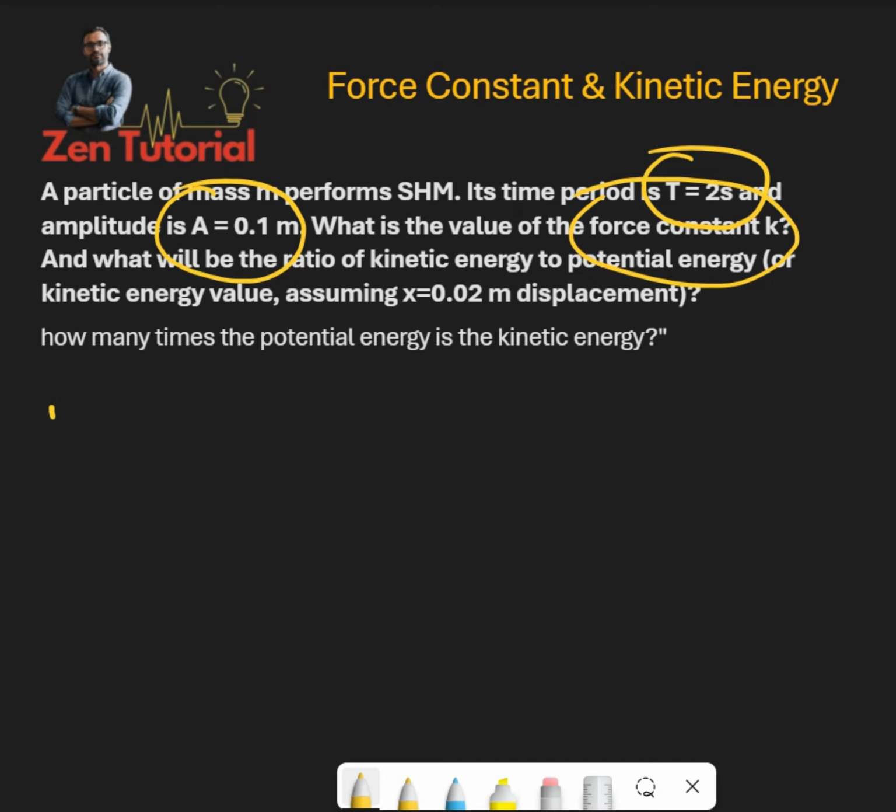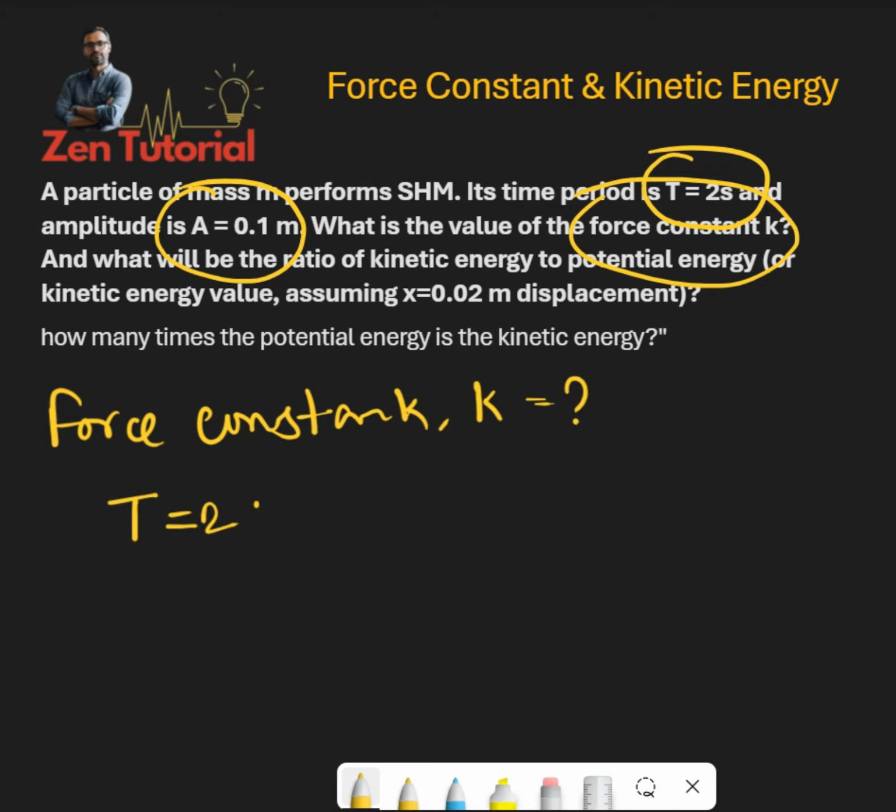Force constant K is equal to what? This is our first question. From the simple harmonic motion and pendulum theory, we could define the time period T is equal to 2 pi root over m by k.